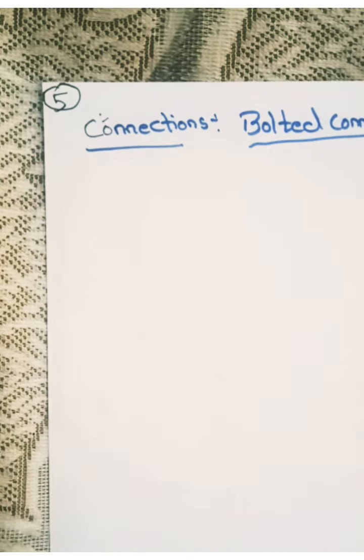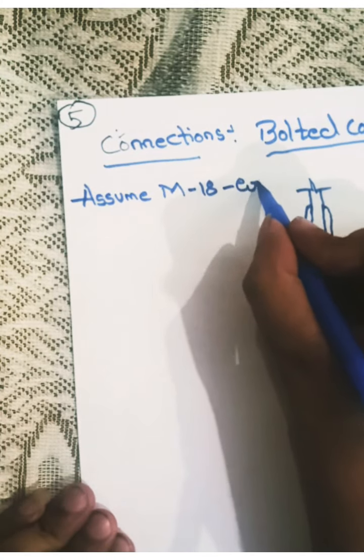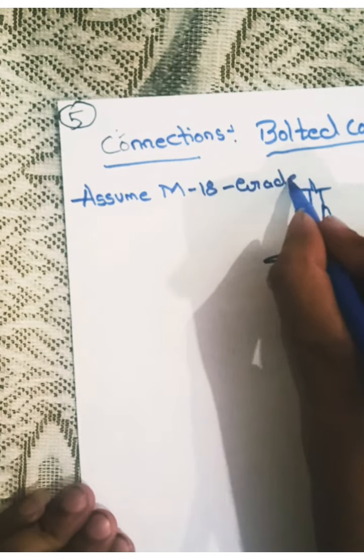So now we need to find the bolt value. They have not mentioned anything in the question about the connection details, that is, what diameter of bolt to be used, its ultimate strength and so on. So we are assuming M18 bolts with grade 4.6. That means the diameter of bolt is 18 mm.